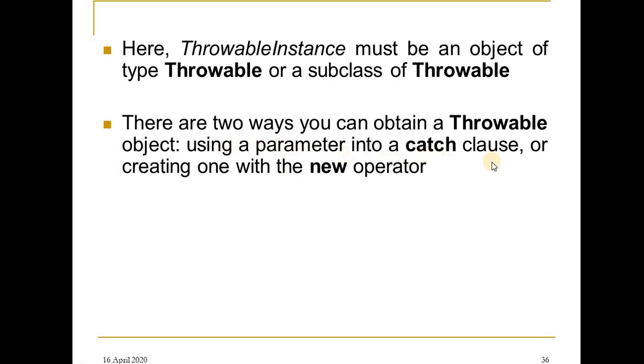We saw that the catch clause has one parameter which is of type exception. So that is an object of an exception type. That is how we will get the throwable instance or the throwable object. One more way of getting the throwable object is by creating one with the new operator. The second way of getting the throwable object we are yet to see.